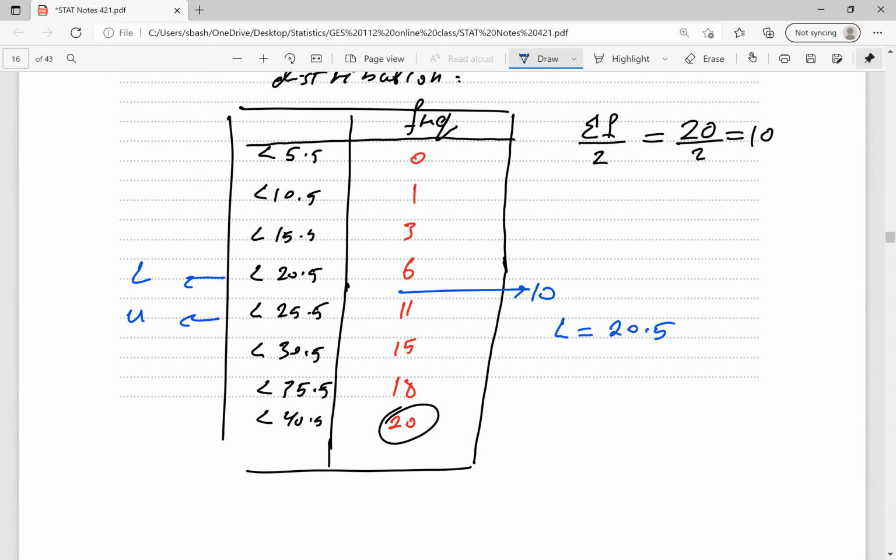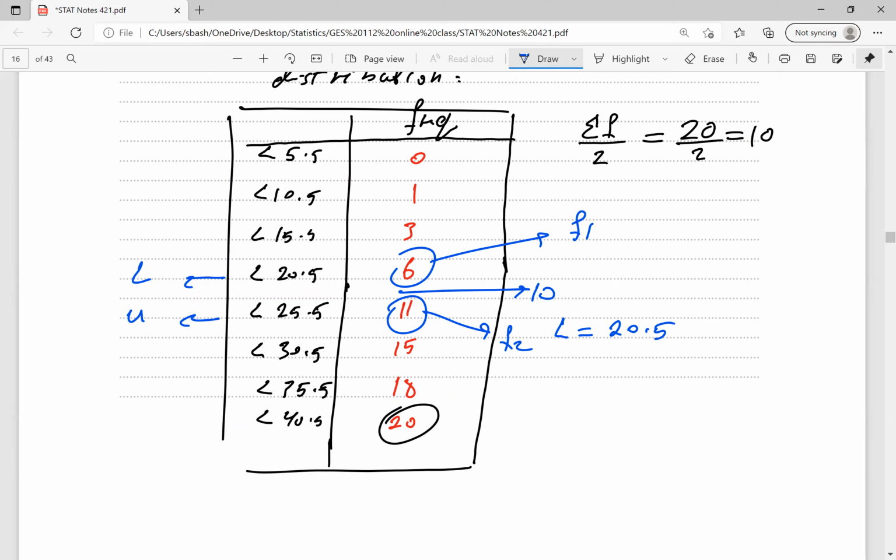Now I need to find F1 and F2. What I have, 10 is between 6 and 11. So 6 is F1 and 11 is F2.